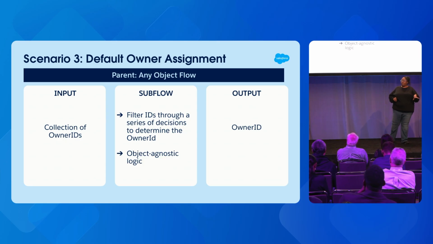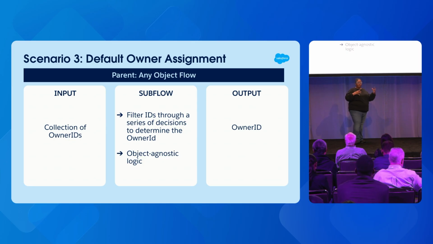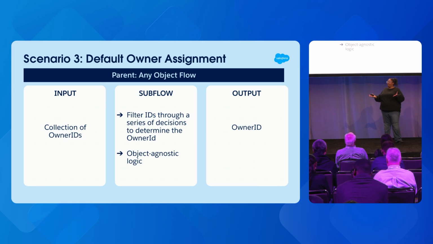The way that you can do that is within your parent flow, maybe you query all the records that would qualify, get those owner IDs, put them into that subflow, go through all of the decisions to determine which one should be the owner, and then your output is the owner ID.